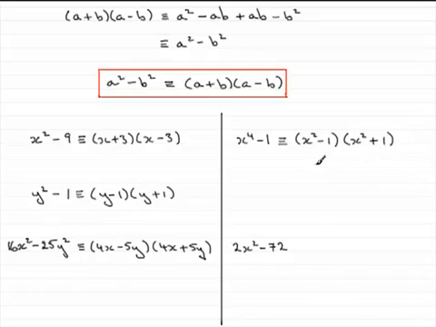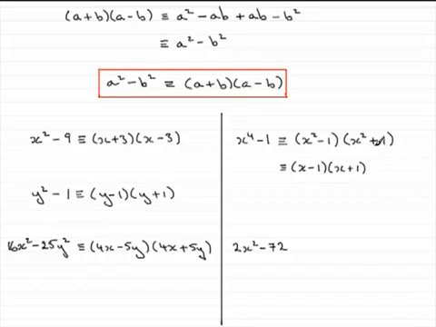But this has got something extra in it. We've got two factors now, but it's not what we call fully factorized, because this factor is again the difference of two squares. This is the square of x, and this is the square of 1. So we can factorize this just like we did down here for this one. What we've got is that this can be written then as x minus 1 multiplied by x plus 1.